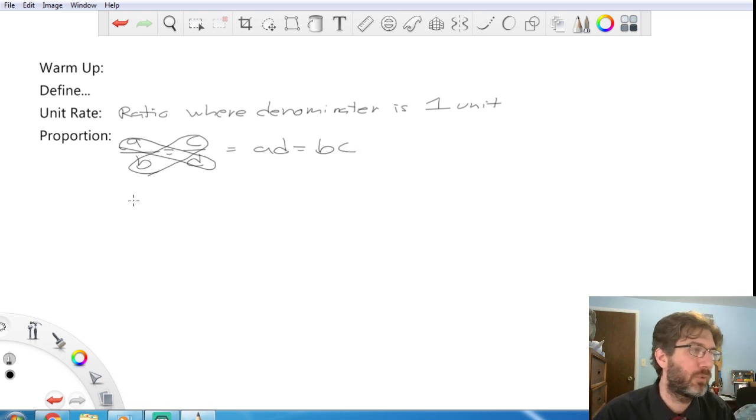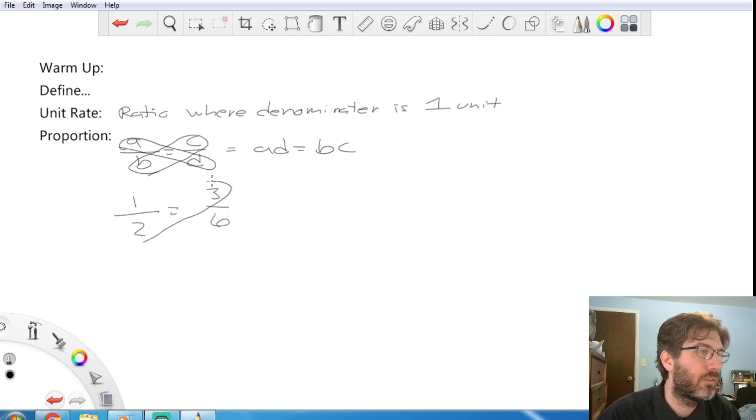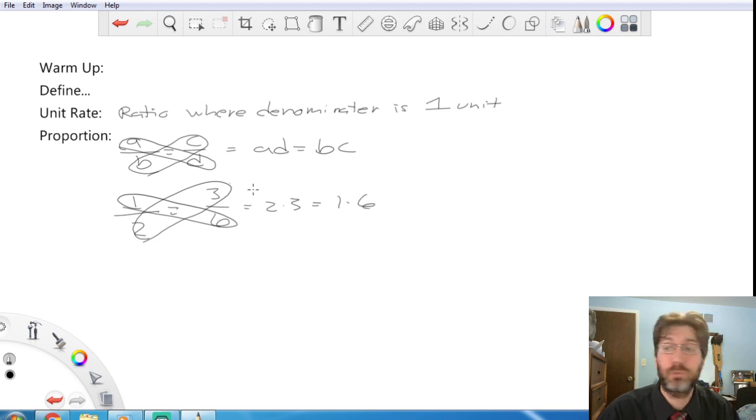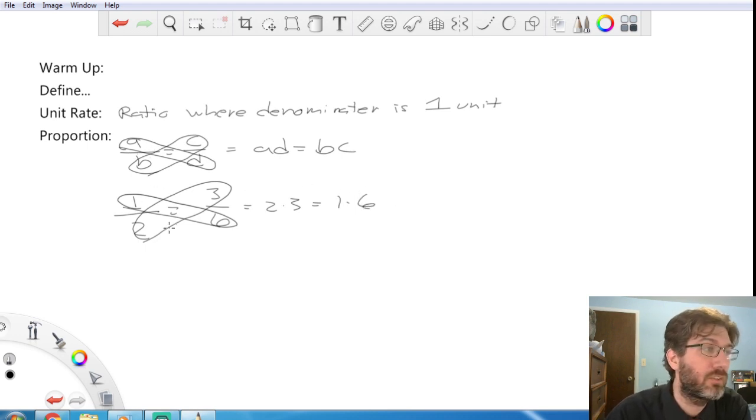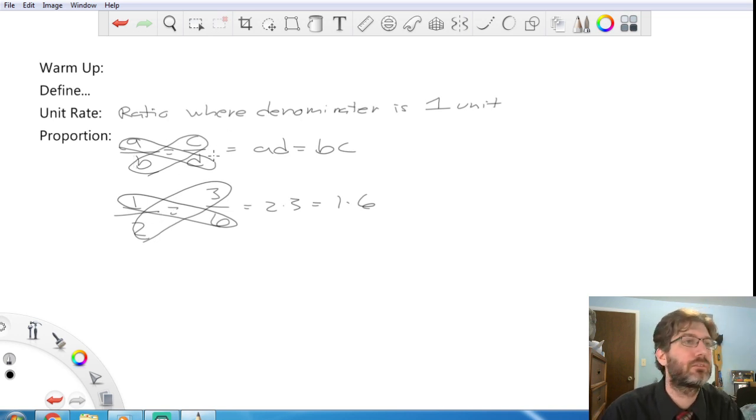So if you want to put that into numbers, you all know 1/2 and 3/6 are the same thing. 2 times 3 is the same thing as 1 times 6. And that's what a proportion is. So it's two fractions or two ratios that are equal to each other. So keep those things in mind.